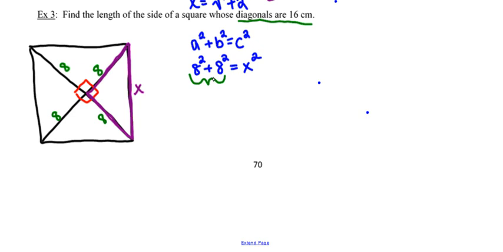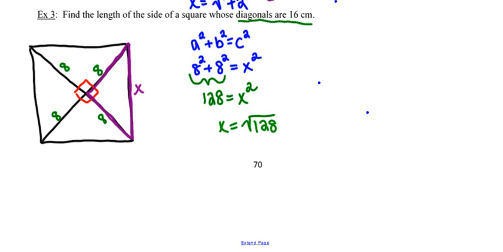Go plug 8 squared plus 8 squared into your calculator. But when I did those computations, I found that 8 squared plus 8 squared was 128. Taking the square root of both sides lets me solve for x, and I find that x is square root of 128.